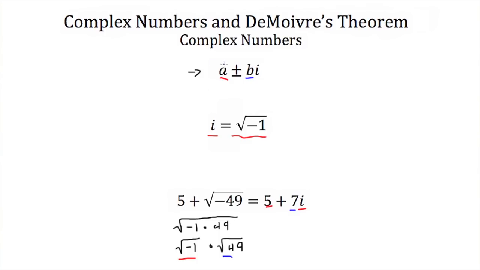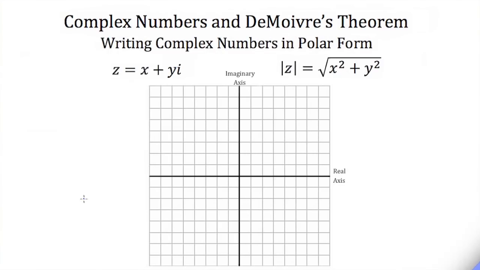This 5, or this a, is called the real part, and this b, which is multiplied by i, is called the imaginary part of our complex number. Now typically, if we want to plot a complex number, we plot it on a rectangular axis where the x-axis, or the horizontal axis, is the real axis, and then the y-axis, or the vertical axis, is our imaginary axis.